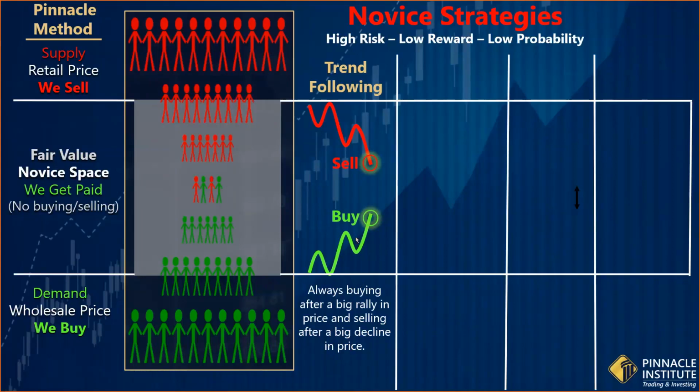They wait for a series of higher highs and higher lows, and then they buy. They don't look to sell at supply. They wait for prices to get to supply. They wait for prices to turn lower, and they wait for a series of lower highs and lower lows, and then they sell. That's what trend trading has you doing.